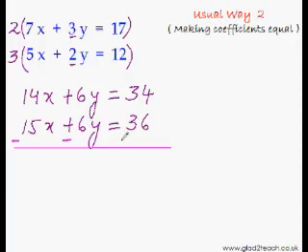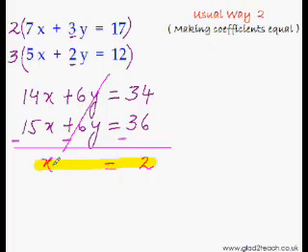This is positive, so it will also become negative. Now 14x minus 15x would be minus x. Plus 6y and minus 6y cancel each other out. See, they get eliminated. And 34 minus 36 is minus 2. Now since minus is present on both the sides, we can simply remove it, and we have the value of x. x is equal to 2.